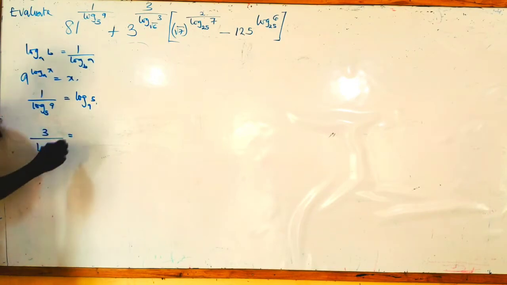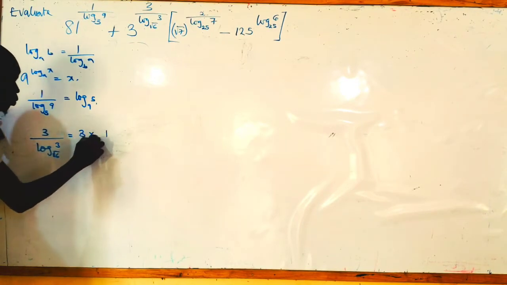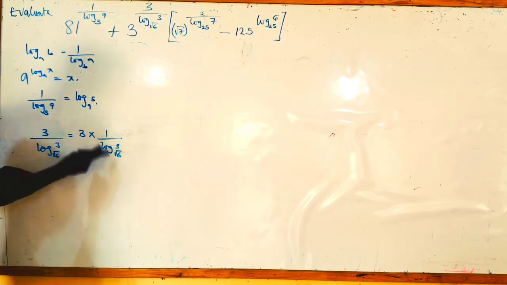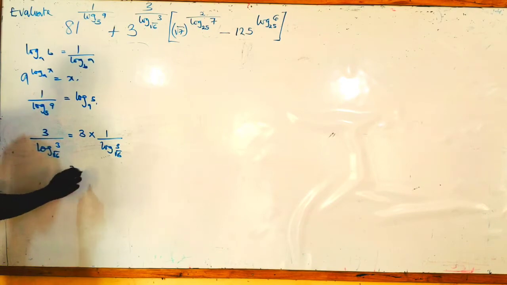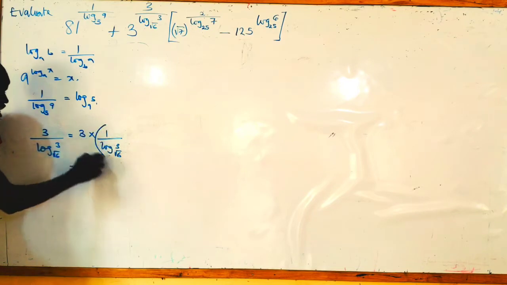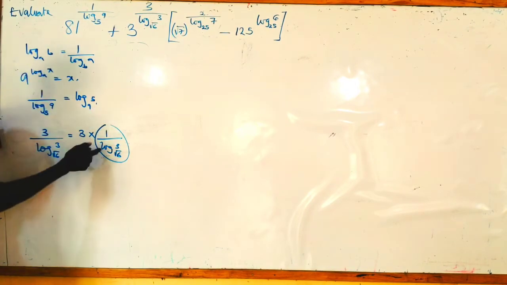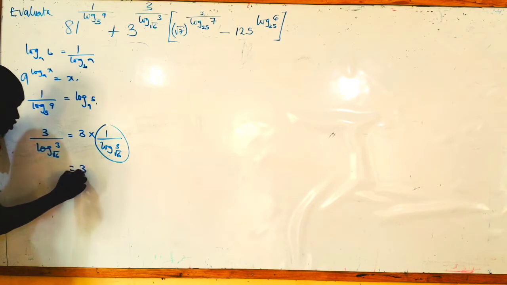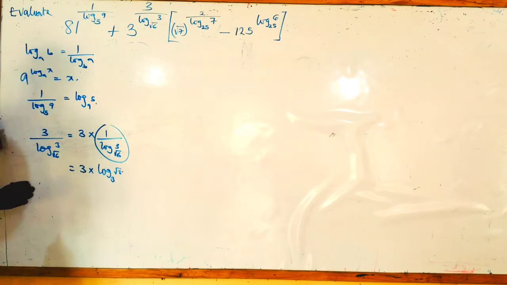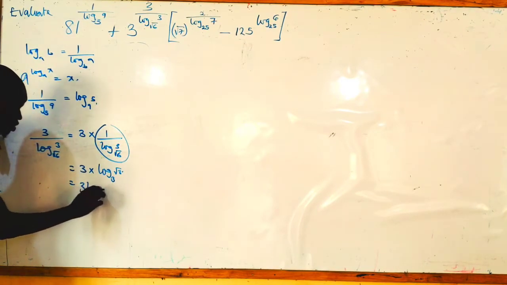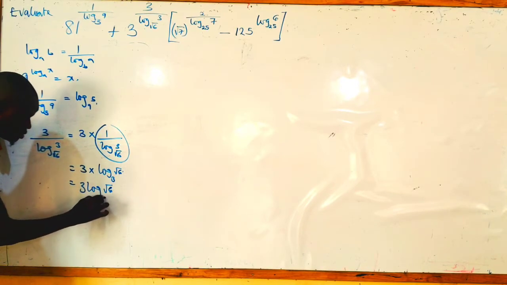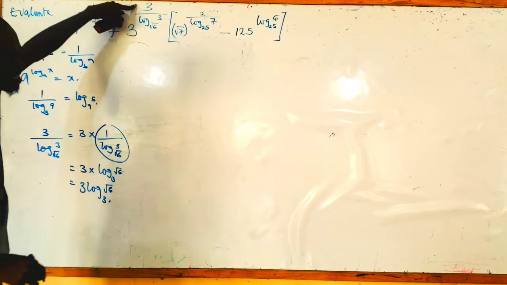I can simply express this as 3 multiplied by 1 over log 3 root 6. If I change this using the change of base formula, it should give me 3 times log of root 6 base 3. That is 3 log of root 6 base 3. I've been able to convert this back.